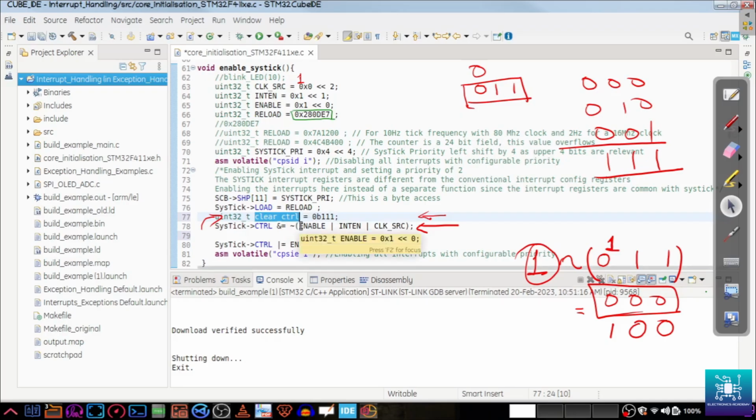Ideally the convention is putting this in caps, but yeah, instead of clearing this, you could put clear control here. Never use the bits that you are using to configure a register to clear the registers.